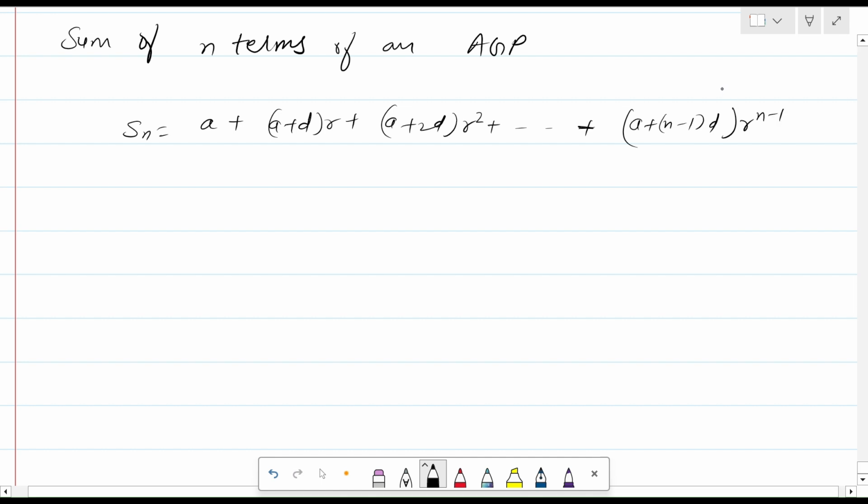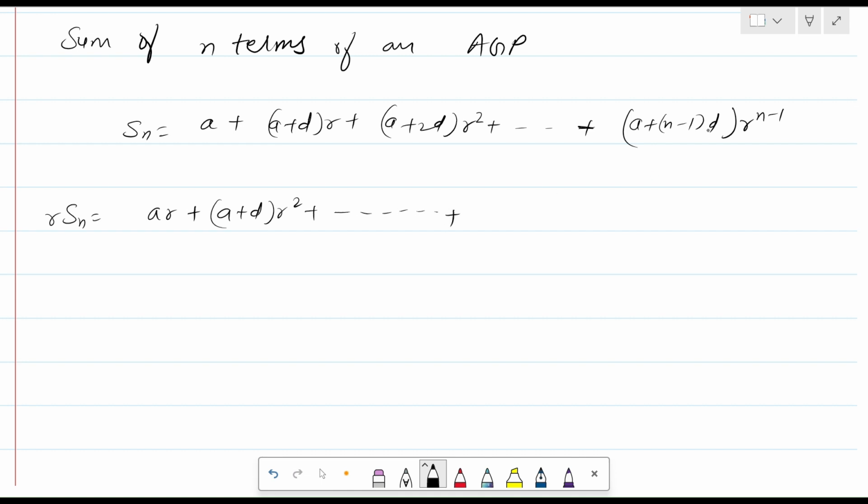Okay, so now if I am multiplying this equation with r, then what will we get? r Sn will be ar plus a plus d times r square plus and so on.